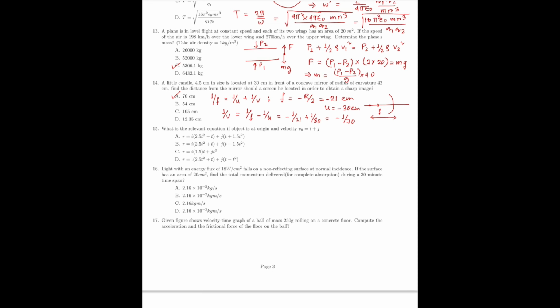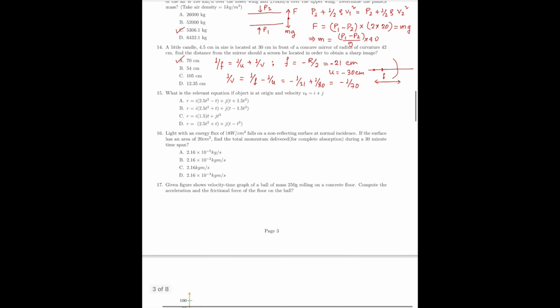So as you can see, the D option does not make sense because r is a vector quantity, that is the position is a vector quantity, and these things have no direction. So this option cannot be possible, and for the other options you need to calculate the velocity first, which is dr by dt, and if you calculate this, then you will see this is i(5t minus 1) plus j(1 plus 3t).